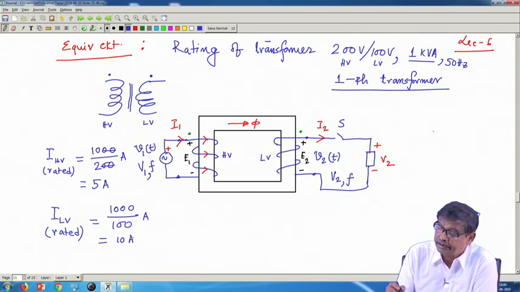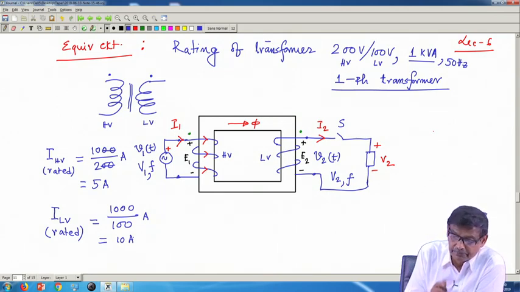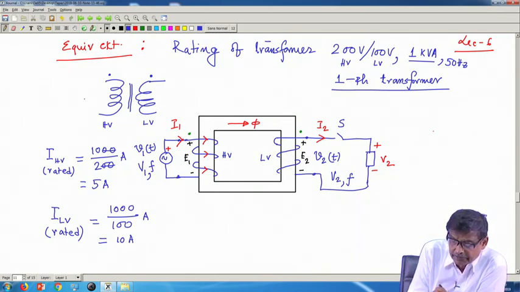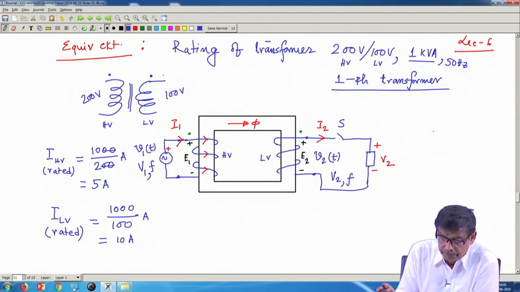So, the moment these ratings are known, I can draw this diagram and say that on the HV side the maximum voltage you can apply is 200 volt, 50 hertz, and you will get 100 volt, 50 hertz here, and you are going to connect some load. But do not connect just any load.